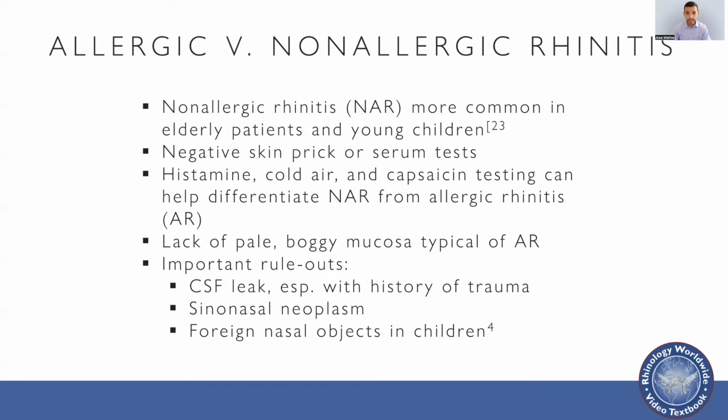Anyone that has unilateral nasal obstruction should be considered at least as possibly having sinonasal neoplasm. And in children, we can't forget that foreign bodies can be a cause of similar symptoms.